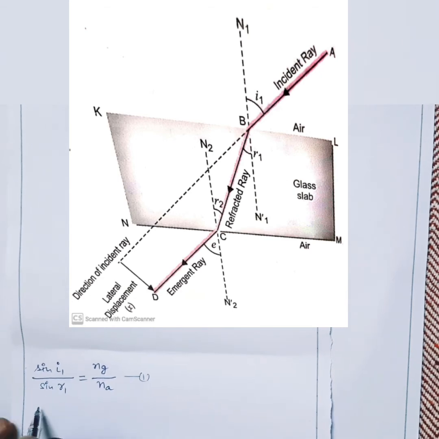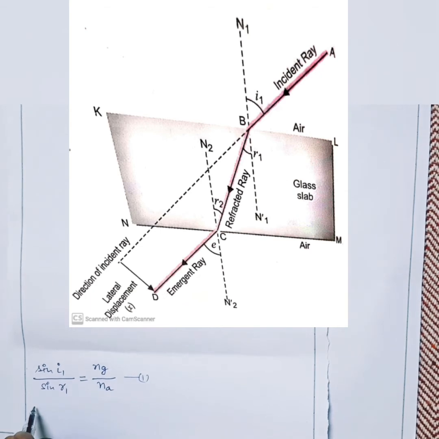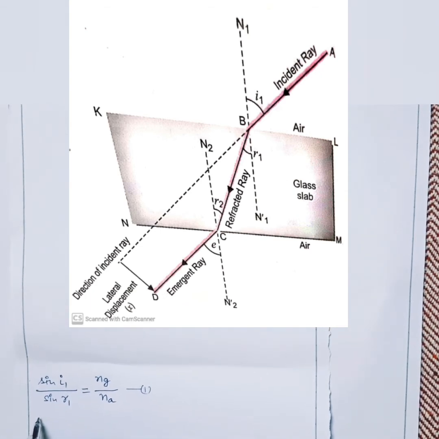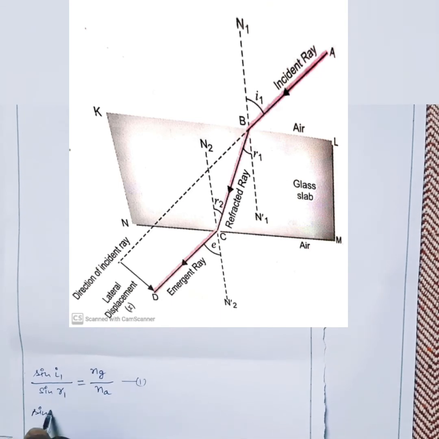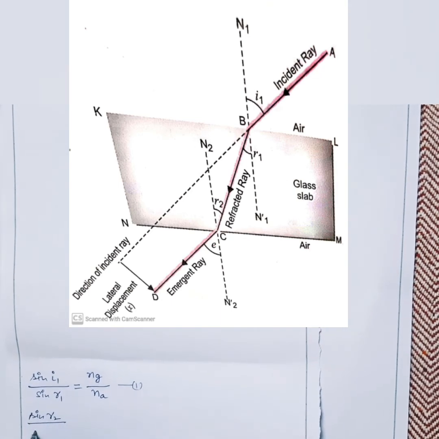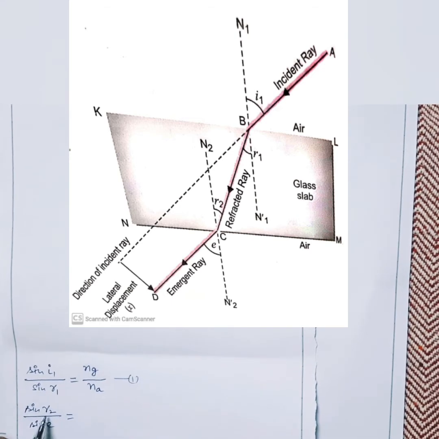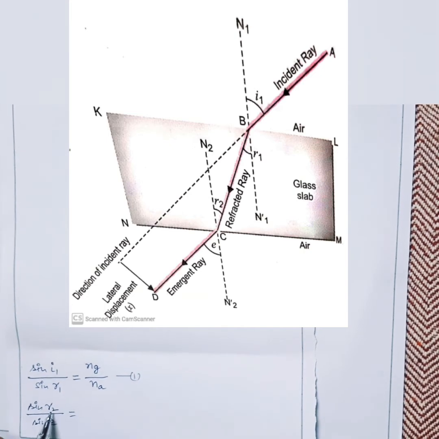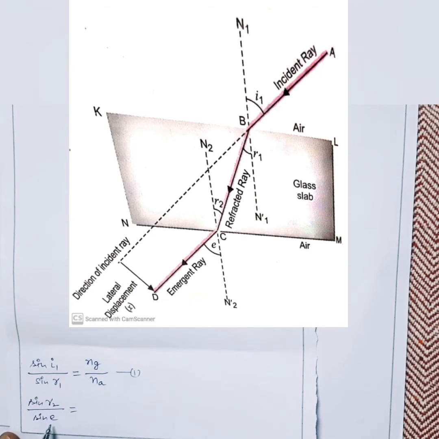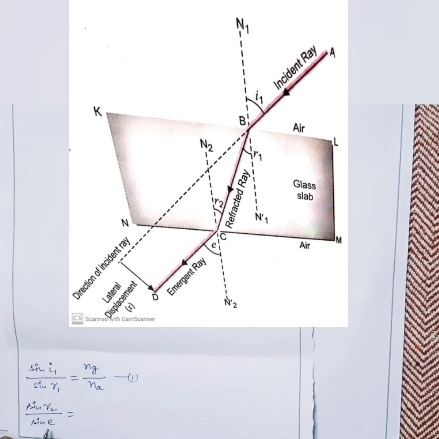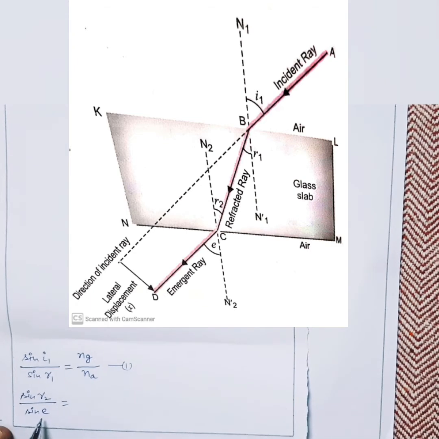And again, at the second interface, applying Snell's law, sin R2 upon sin E. R2 will be treated as the angle of incidence for the second refraction, and angle E, the angle of emergence, will be treated as the angle of refraction for the second refraction.